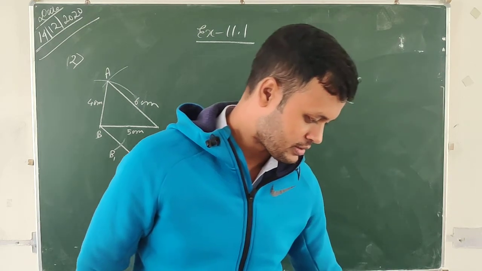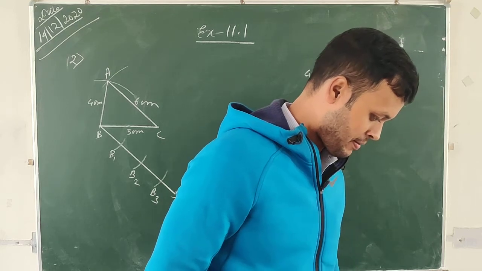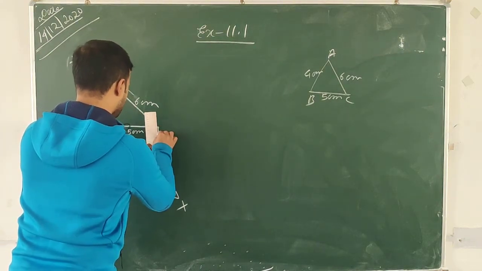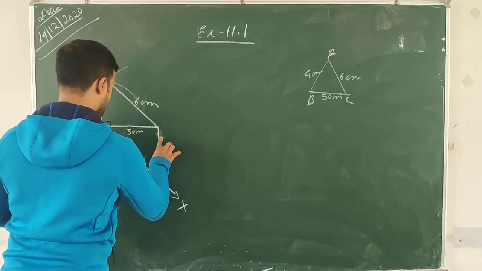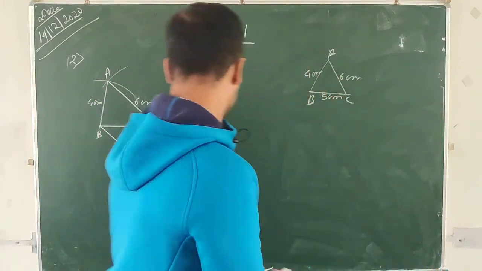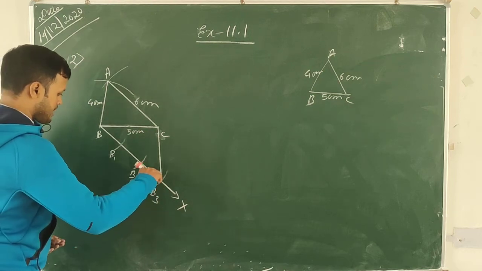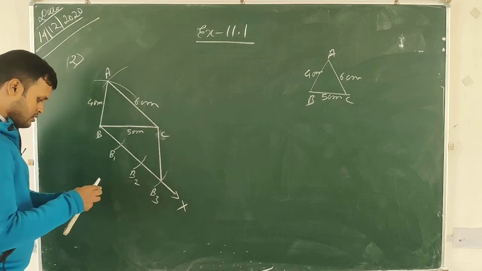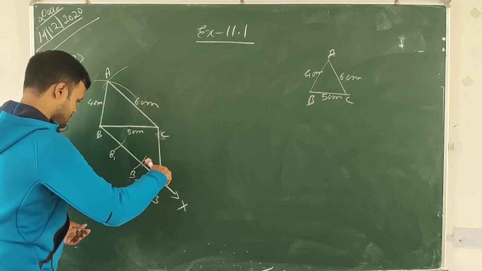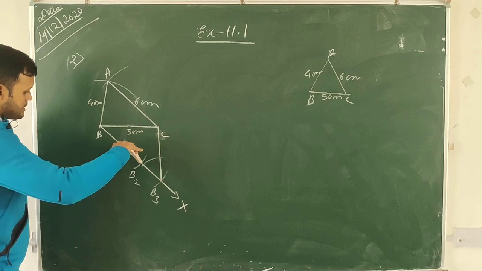From B3 you join to the point C. Then from the point B2, with the same radius, you draw another arc.